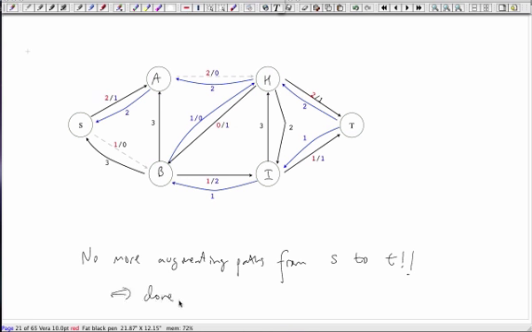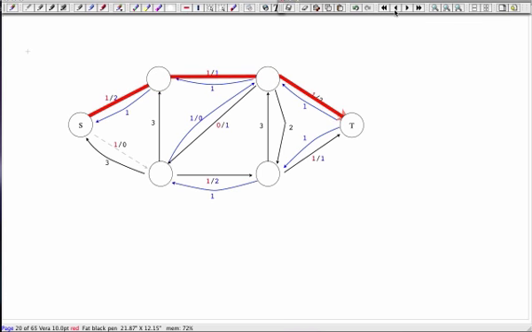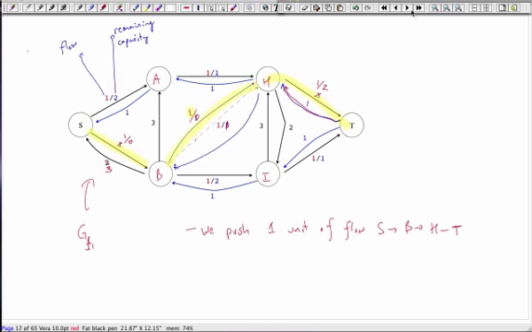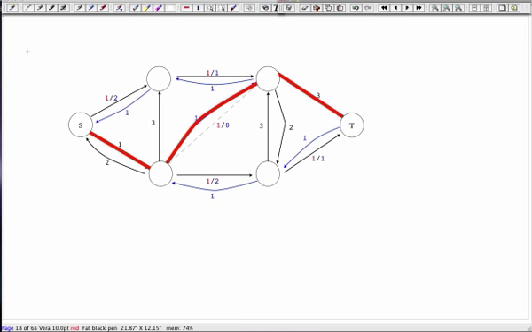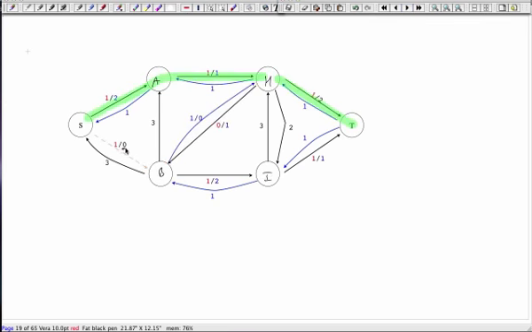Question: why is the one from S to B grayed out? Because when we pushed across that edge right here, this edge no longer had any capacity. Its capacity was 0.